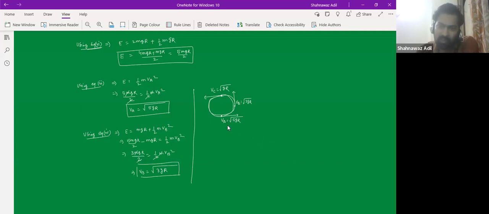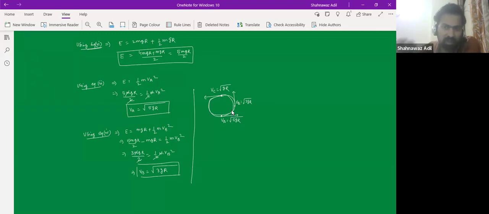So you see that the velocity is decreasing, right? And this is the minimum speed that we should provide so that it completes one circle, right? If we provide more than this velocity, then it will surely complete a circle, right? So you saw the example when I was rotating.